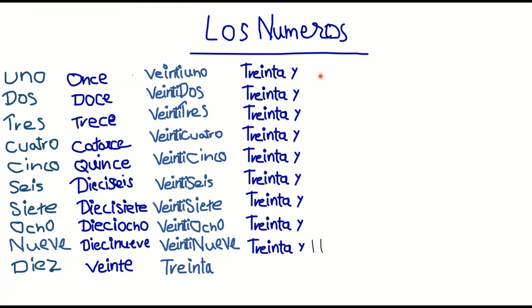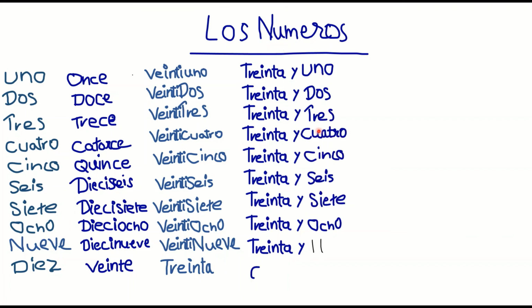So 31, 32, 33, 34, 35, 36, 37, 38, 39, 40. Okay, from 40 till 100, the same formula. It will be 41, 42, 43, 44, 45, 46, 47, 48, 49, then we get 50.